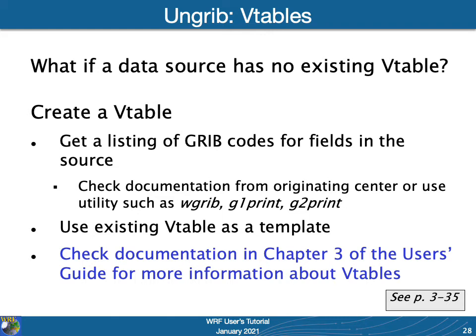The second thing that you probably want to do is to take any existing vtable and use it as a template, and to simply go through and change all of the codes to match the codes that are used in your Grib dataset. There's more information about the contents of these vtables in Chapter 3 of the User's Guide. So if you look around page 3-35, you'll see more information on vtables and which fields are required by the rest of the WPS.